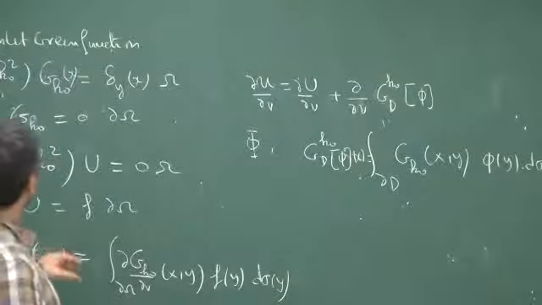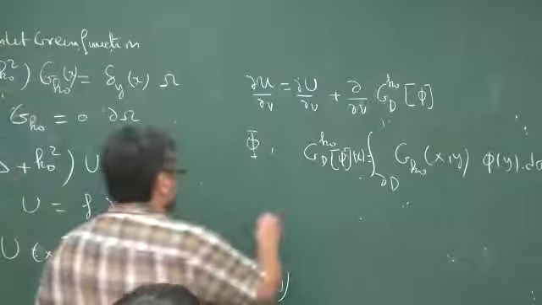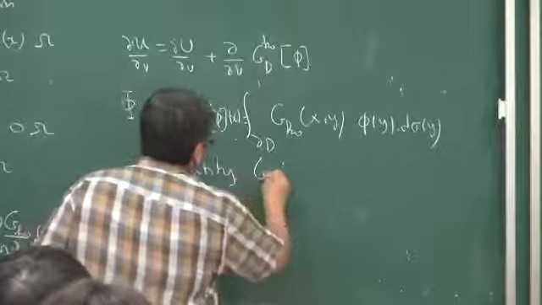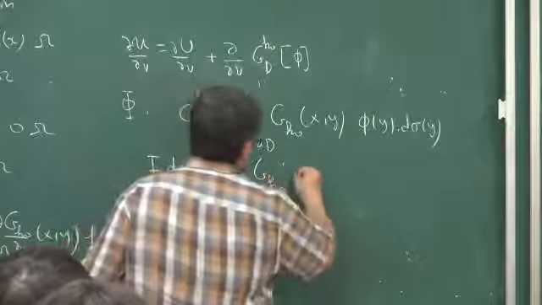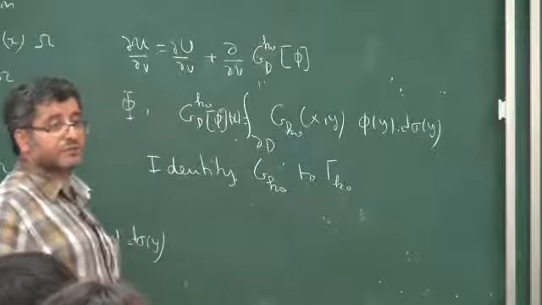And actually, to go from the second representation to the first, or the first to the second, we use an identity which relates G_k0 to Gamma_k0. It's exactly like the conductivity problem.